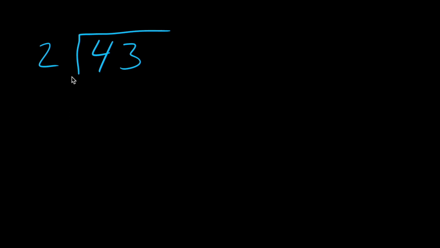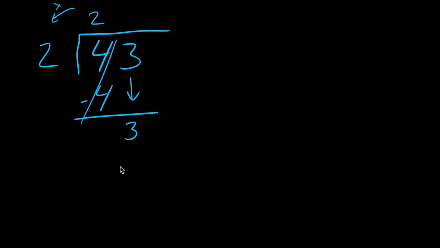The first step is to see how many times 2 can fit into 4. 2 times. So I'll write the 2 above the L, and then we multiply 2 times 2, that's 4. We subtract, bring down the 3. The next step is how many times can 2 fit into 3? 1 time.